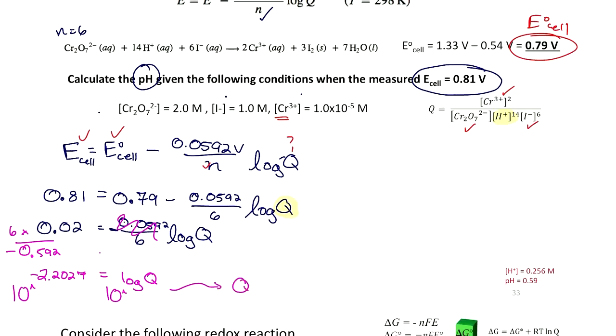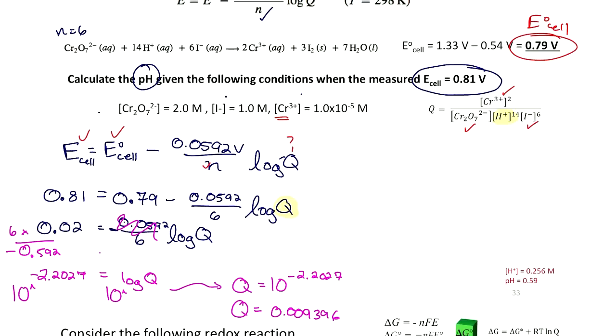And so you get that Q is equal to 10 to the negative 2.2027, or Q is equal to 0.009396. All right, so that is the ratio of products over reactants in order to get this measured cell potential.